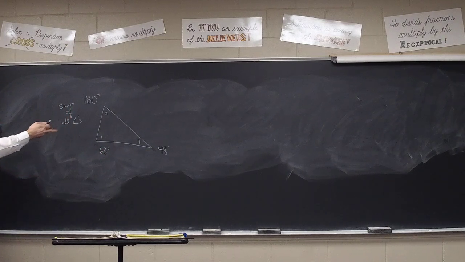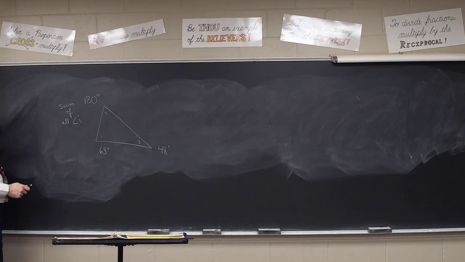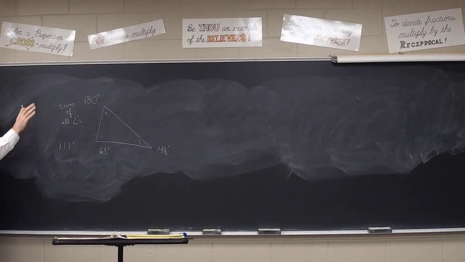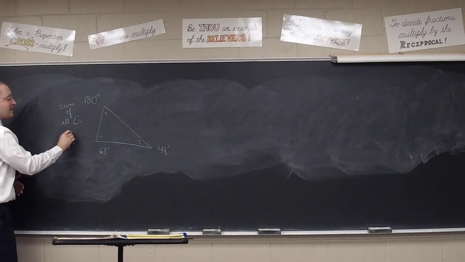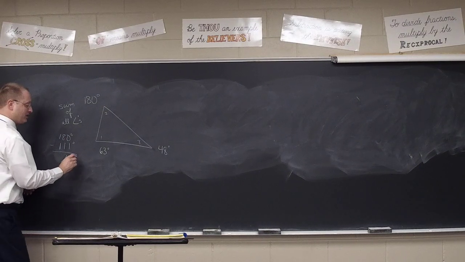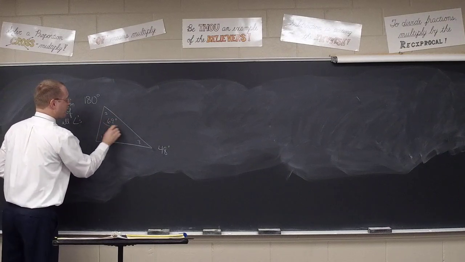Okay, so let's add the 2 that we know. 111 degrees, and then you said after you add them, subtract that from 180. So what would be angle 2 up at the top of the triangle? 69. 69 degrees, good job. All in your head, fresh off Thanksgiving break.